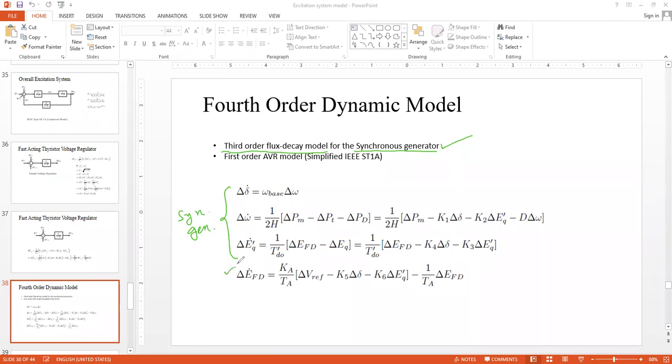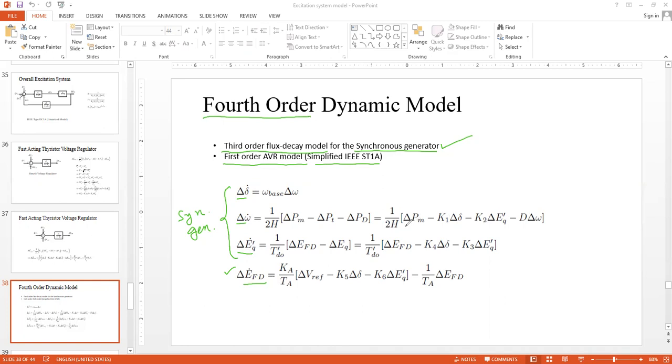And the fourth one is the first order AVR model, which is basically the representation of the simplified IEEE ST1A excitation system. So we have four state variables: del delta, del omega, del Eq dash, and delta Efd. Because we have four state variables, it goes by the name fourth order model.